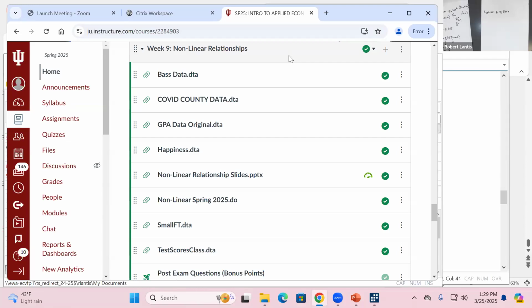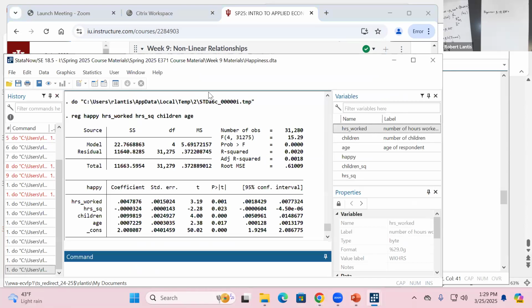Right? So we said that this was positive 0.005 approximately, right? And then this was negative 0.00003.